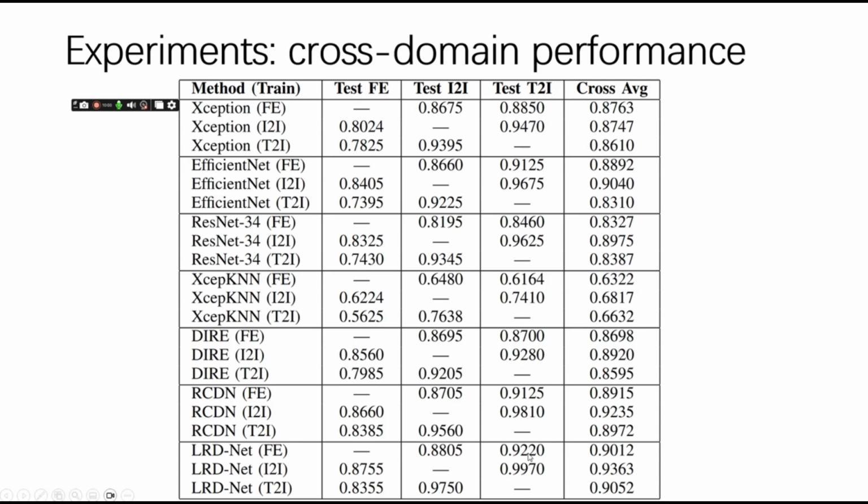The last row is our performance. You can notice, although we still have a lower performance compared with the in-domain performance, we still beat the other comparisons. We have more than 90% accuracy, so it demonstrates our model is more generalized compared with other baselines.